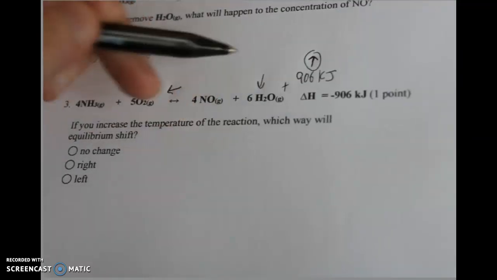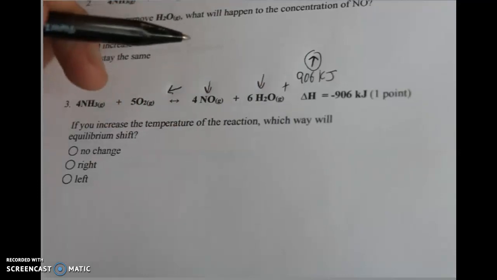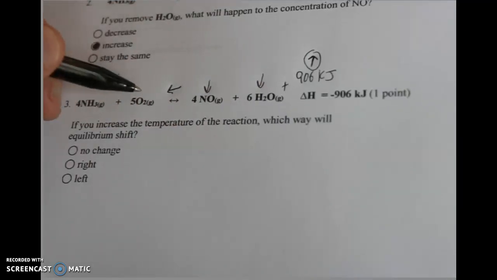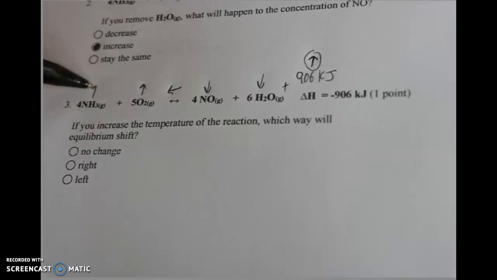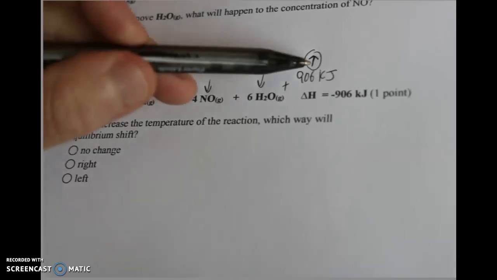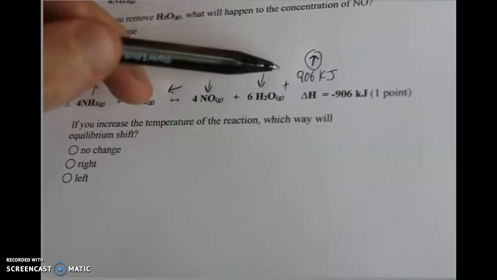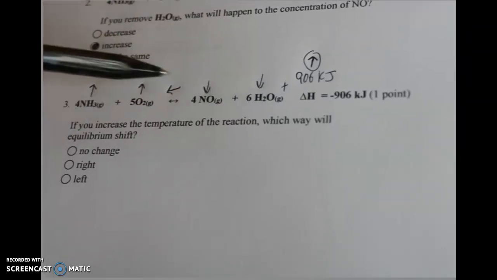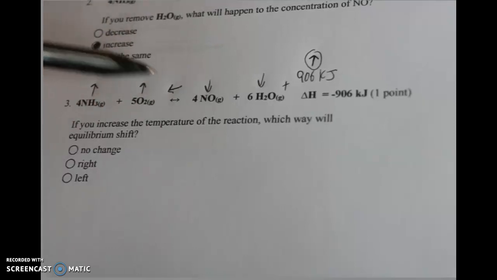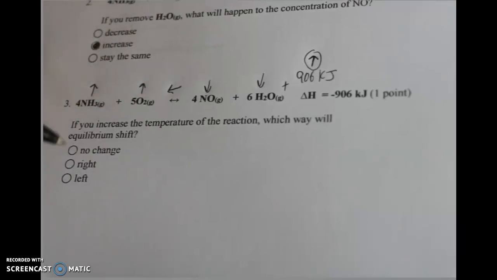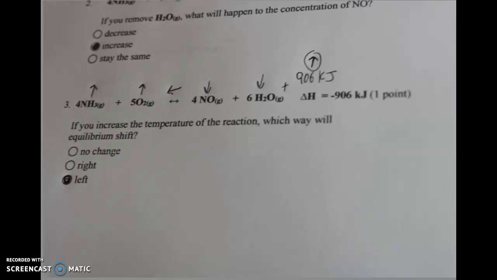So their concentration is going to go down a little bit, and it's shifting to the reactant side, so the reactant side is going to go up. By adding more product, you are making the products react more with each other, and when they react more with each other, you're remaking reactant. So it's going to shift to the left, to the reactant side.